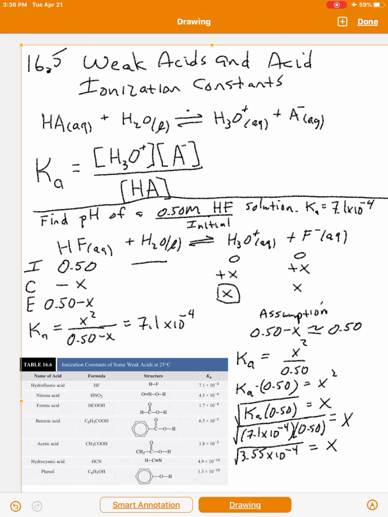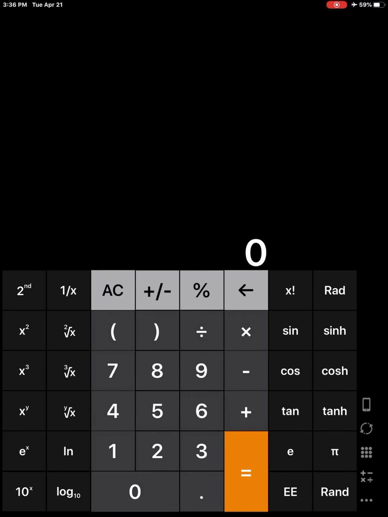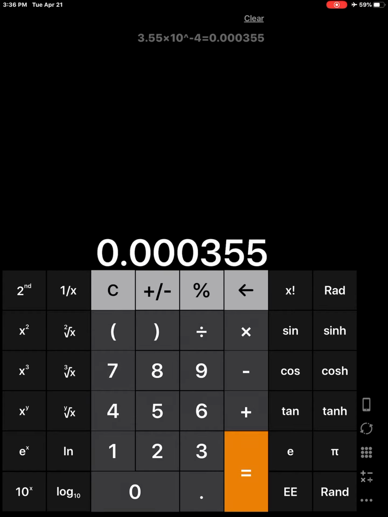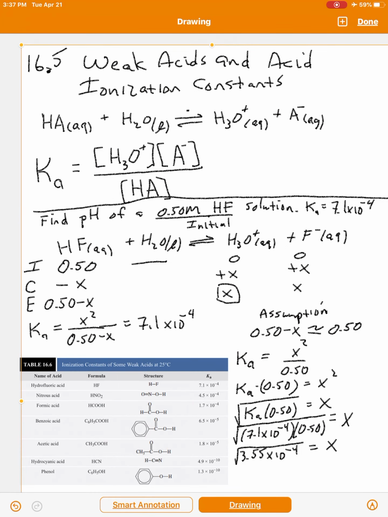Okay, so let's check, see what that is. 3.55 times 10 to the minus 4, we're going to take the square root of that. So 3.55 times 10 to the minus 4, and we want the square root of that, 0.0188. Okay, since x is equal to the concentration of hydronium at equilibrium, pH is the negative log of that.